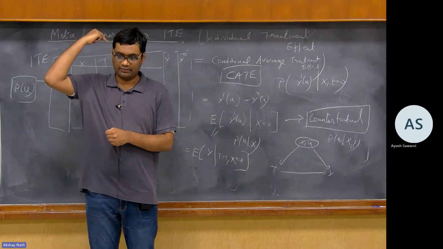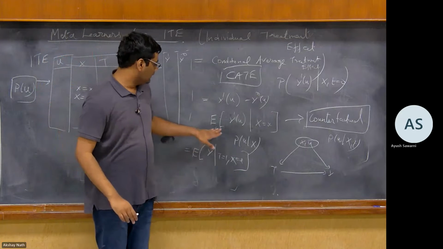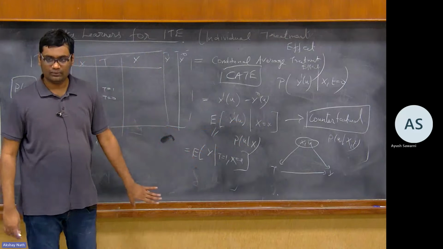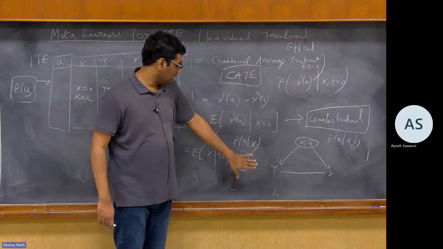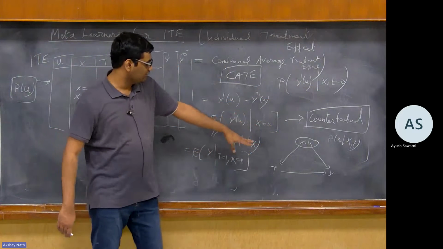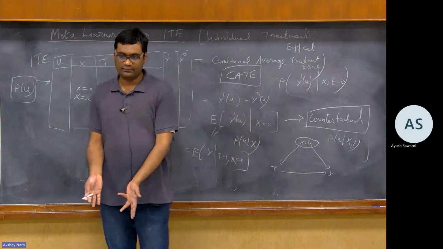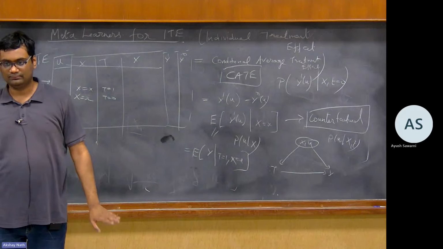So the thing gets conditioned very non-trivially, and then you need to do more work. But this is very simple, because the treatment change from T equal to 0 to 1 does affect the U. But when you condition only on X, that doesn't get affected, because the treatment is decided later. So there's no additional conditioning apart from P of U given X.